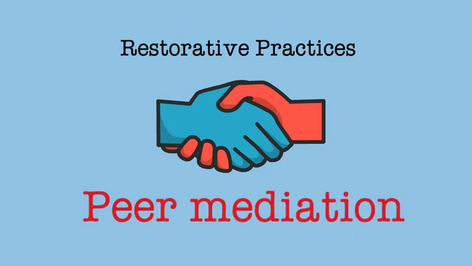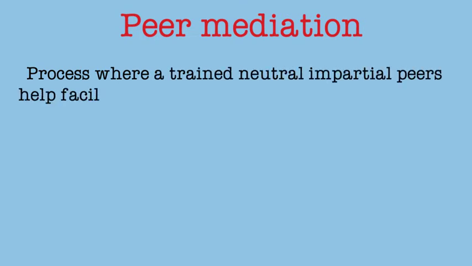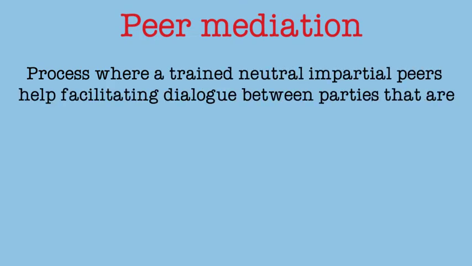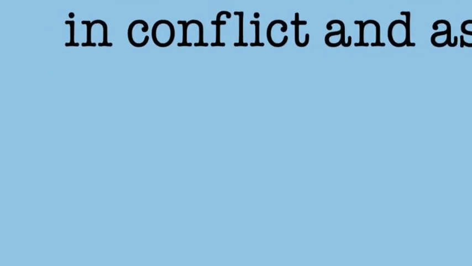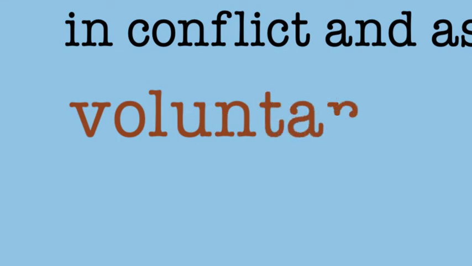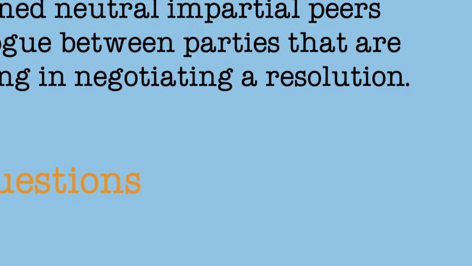Peer mediation is a process where one or two trained neutral, impartial peers help facilitate dialogue between parties that are in conflict and assist in negotiating a resolution. The process is voluntary and the disputants can share the outcome of their agreements at all times. By using open questions, one party can find out how the other person feels while the mediator controls the setting.